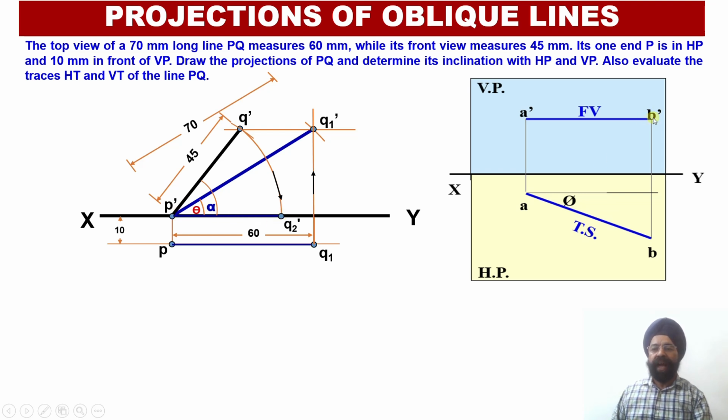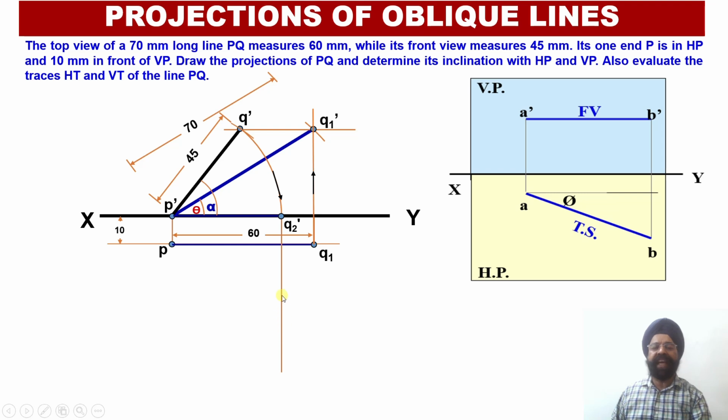Now if I draw a projection through this point onto the horizontal plane over here, I will be able to obtain in the top view the true length of this particular line. So please check, from the point Q2 dash, I am going to draw a vertical projector. So once I draw this vertical projector, I know that I can locate the second point of my true length.